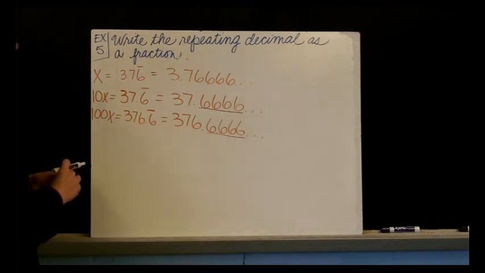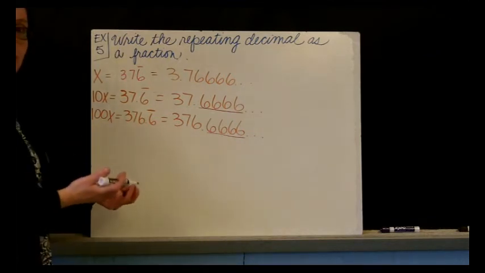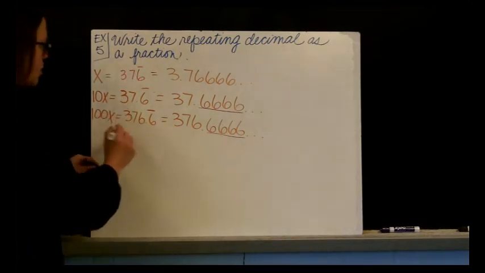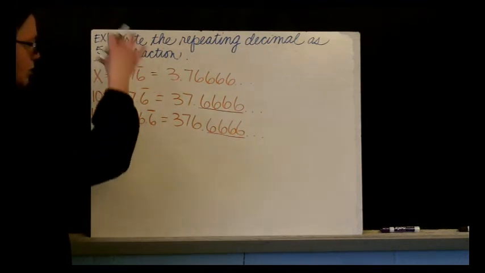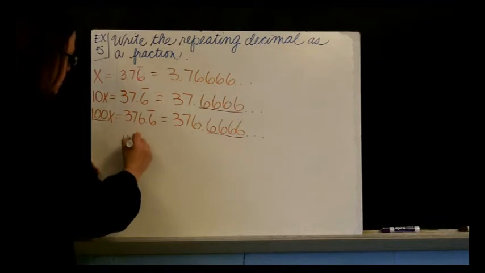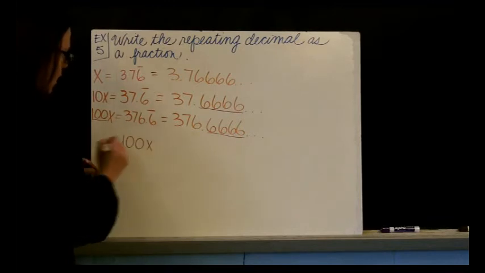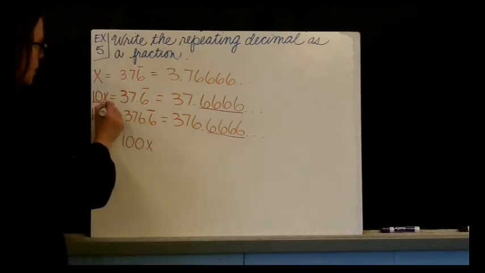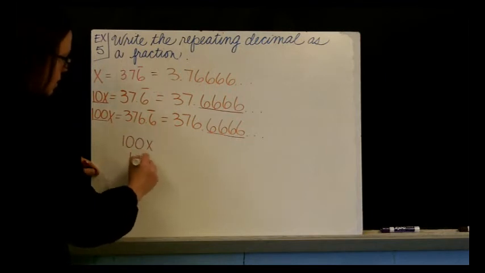So now that it's time to set up our subtraction problem, you always put the larger number at the top, so I'm going to take my 100x and subtract from that my 10x.